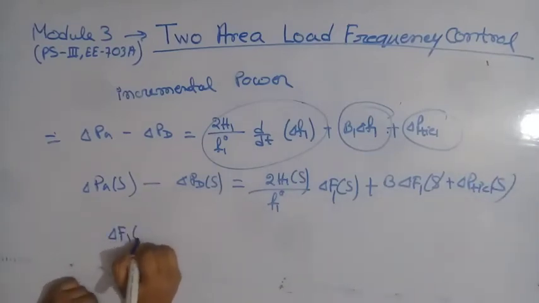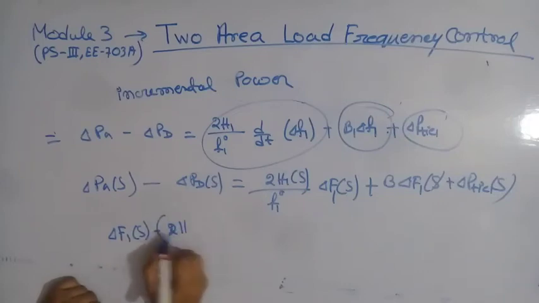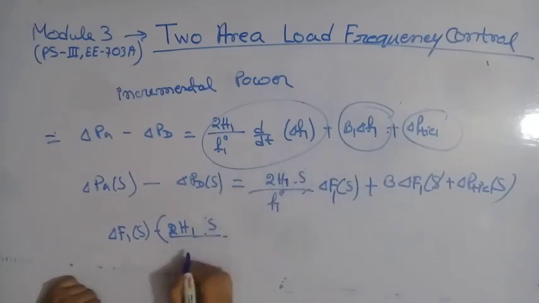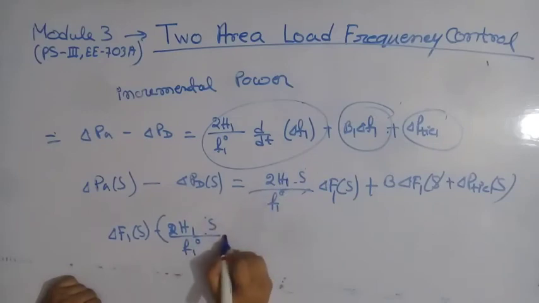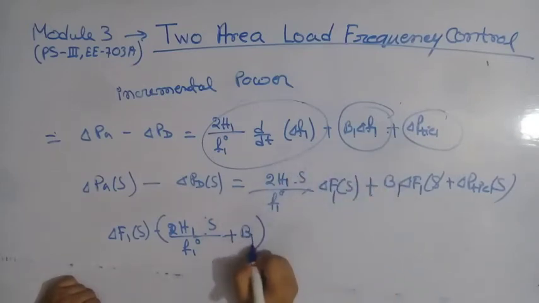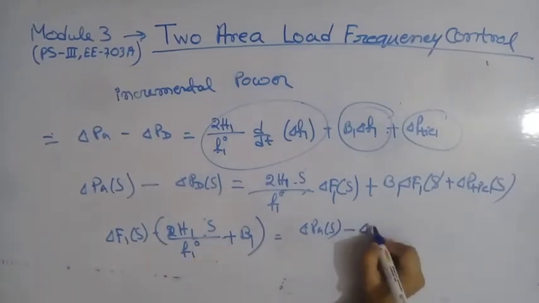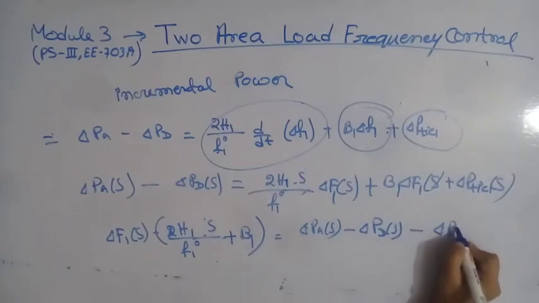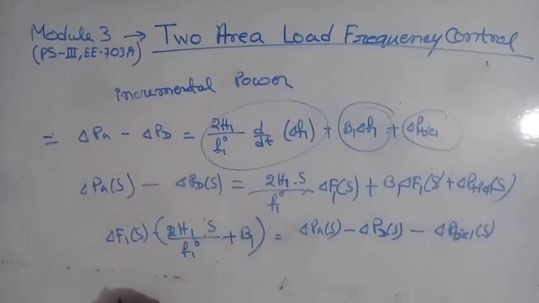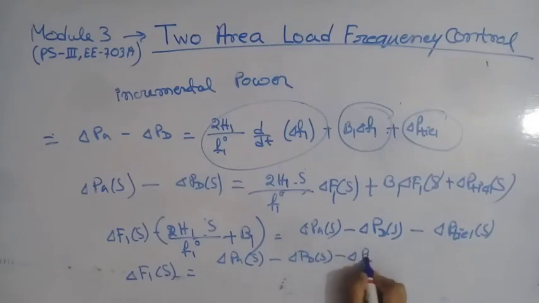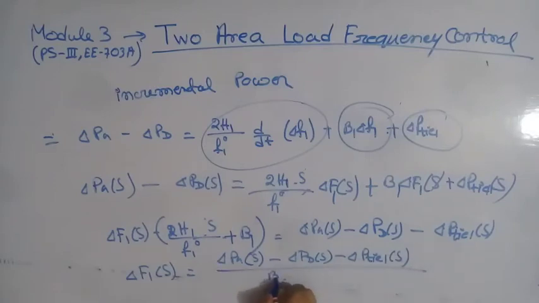Now delta f1s is equal to delta PGs minus delta PDs minus delta P tie line 1 power, divided by B1 plus 2H1 by f10 into s.